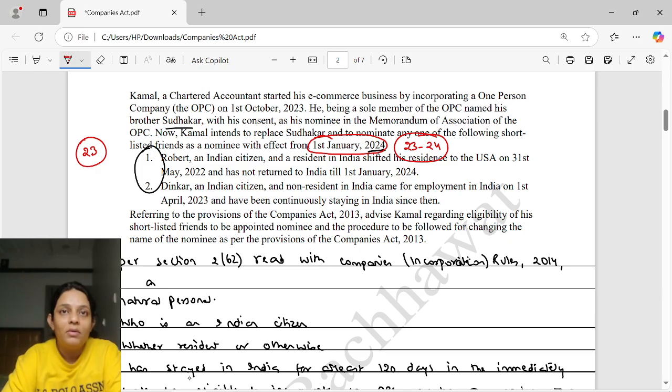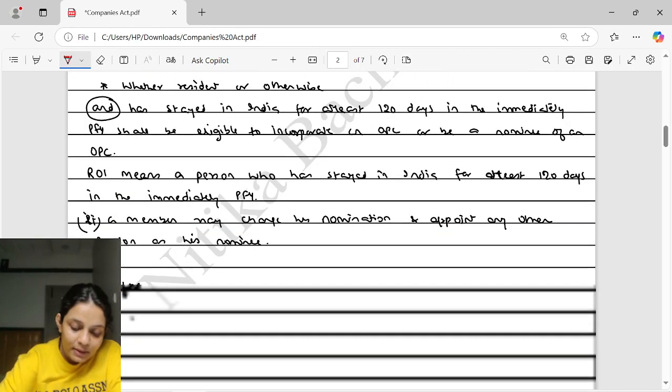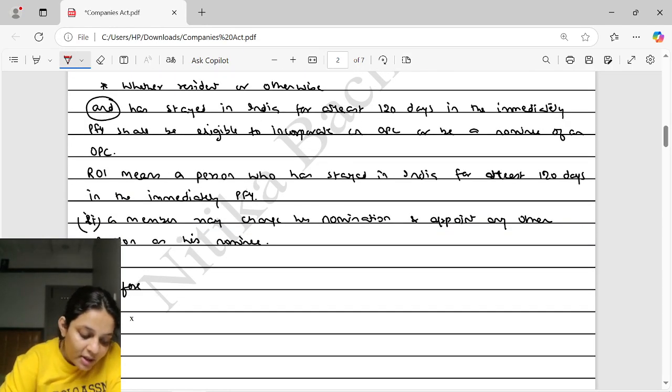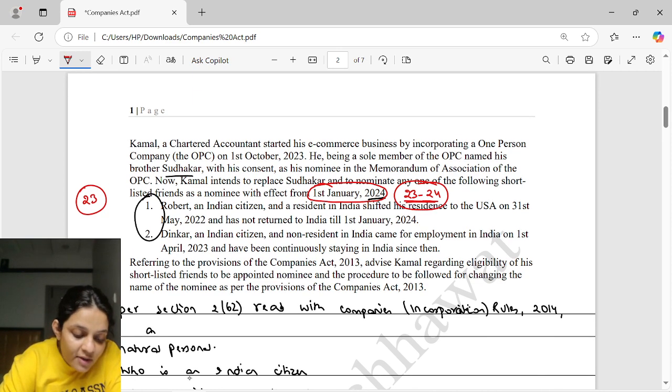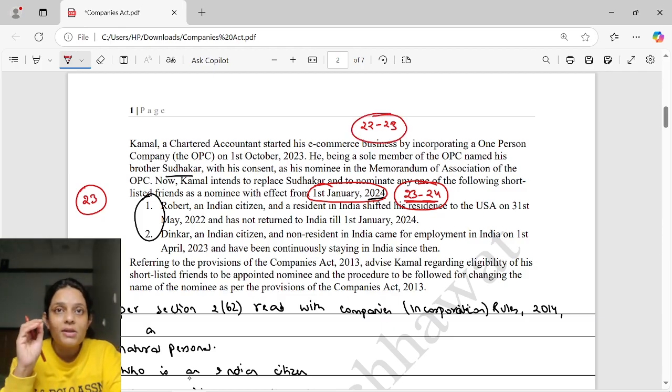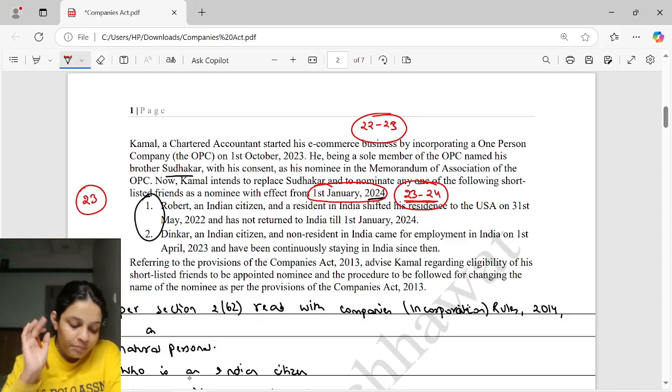But no, please understand here, residential status is given what? Immediately preceding financial year. So he is incorporating the OPC in which year? 23-24. So I have to see the residential status in 22-23.